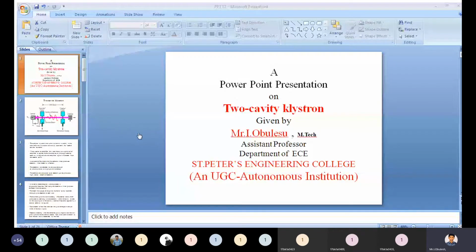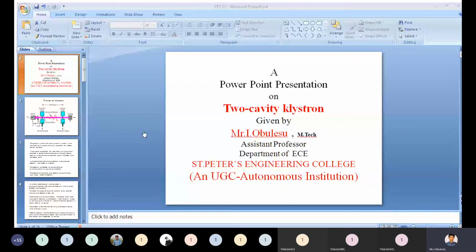The cathode and anode act as an electron gun, which produces a high velocity stream of electrons.